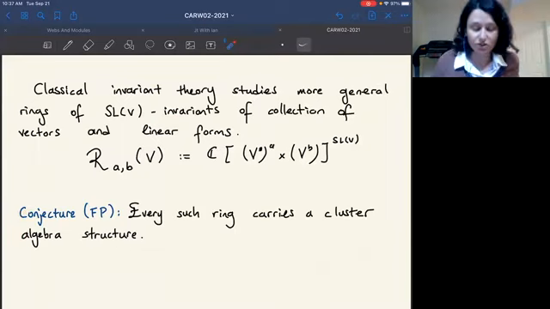Here I'm showing you some webs, tensor diagrams, embedded in the disk. Fomin-Pylyavskyy also looked at general surfaces, but the paper I referenced only has the combinatorics embedded in the disk.